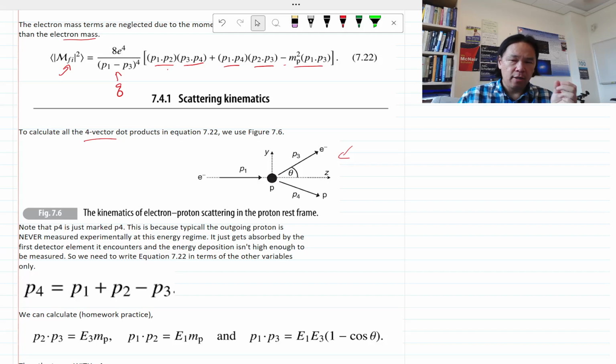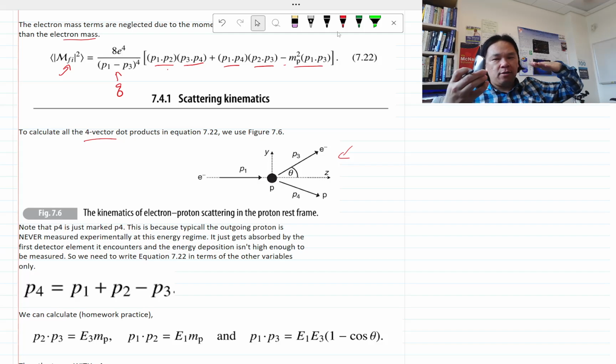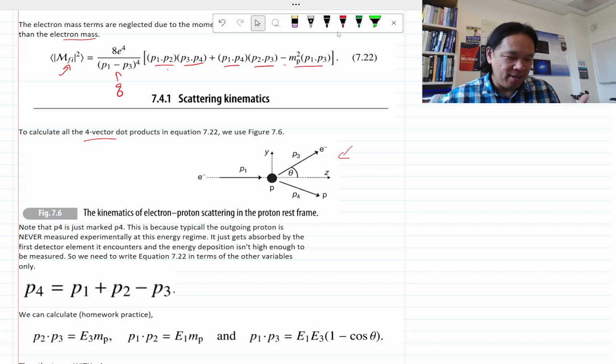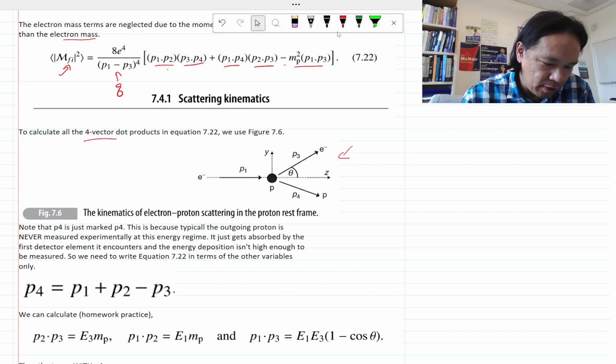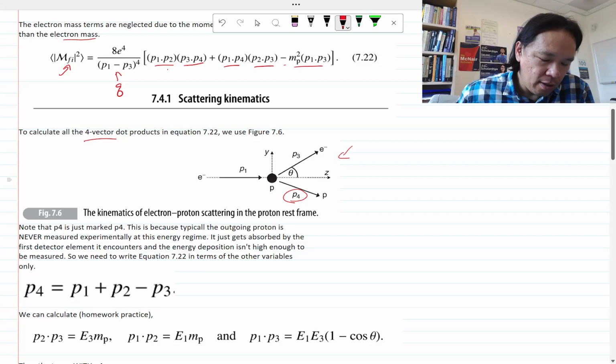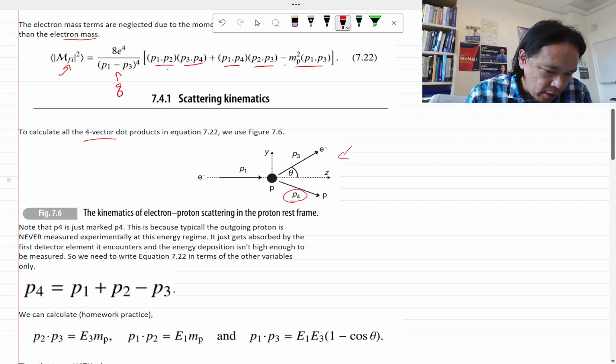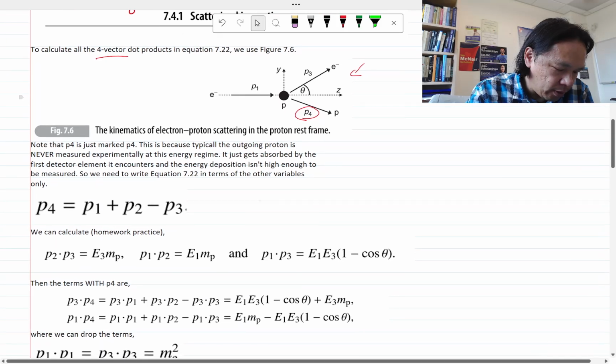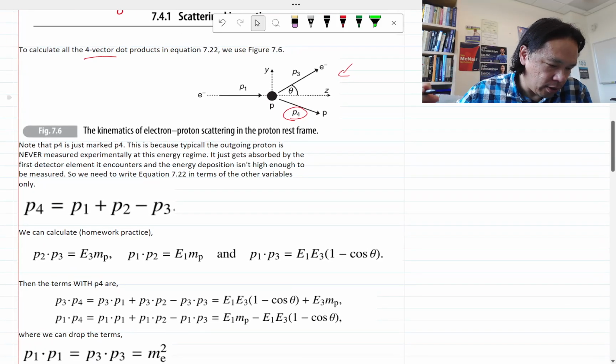The reason for that is, let's say you have an electron beam coming in and a proton beam coming in. The proton scatters away, but all your other detector stuff is also made of protons, so it's really difficult to measure this outgoing proton momentum. So what we're going to do is write all the equations substituting out anything that has to do with P4.